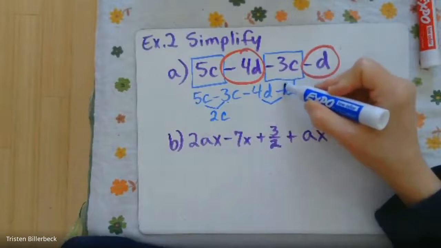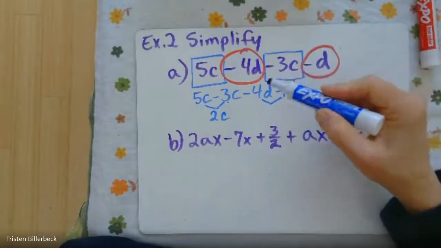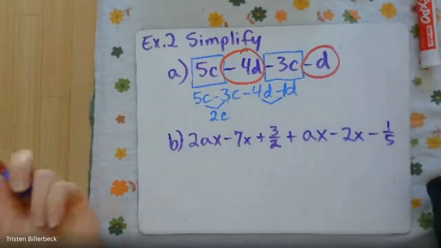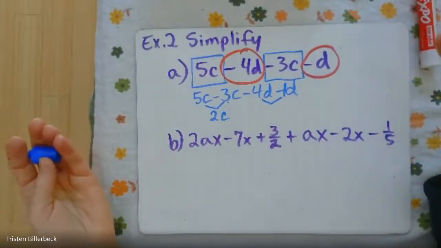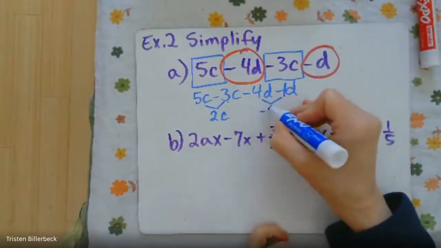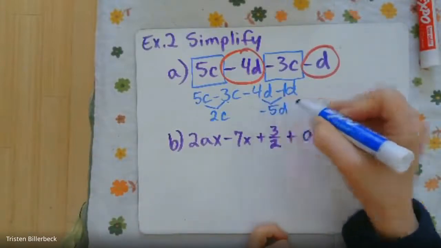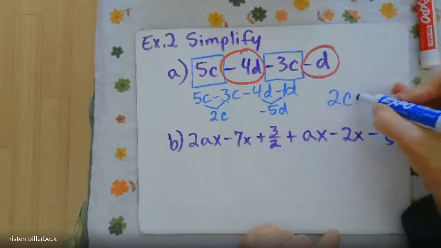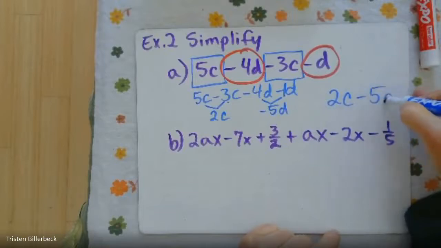There's a 1 right in front of that d. So negative 4 minus 1. You had $4 in debt and you had to spend that dollar, so now you're more in debt. So that's negative 5d. Now our final answer is 2c minus 5d.